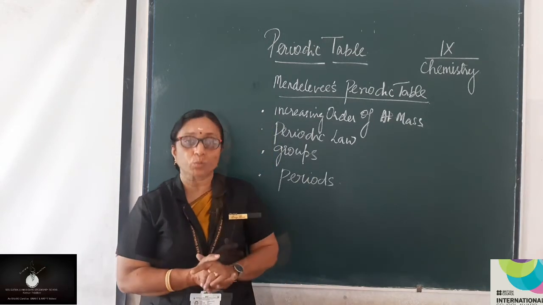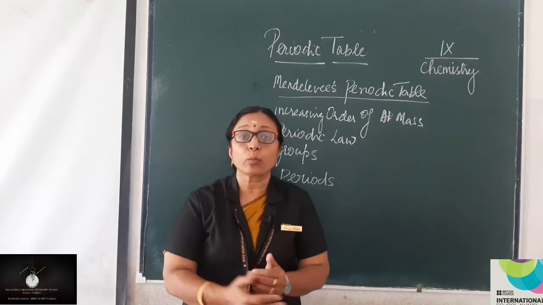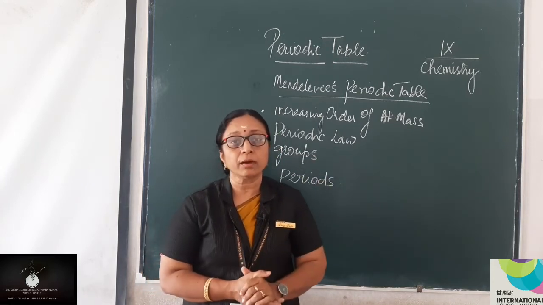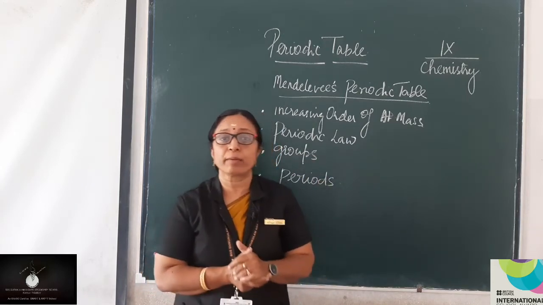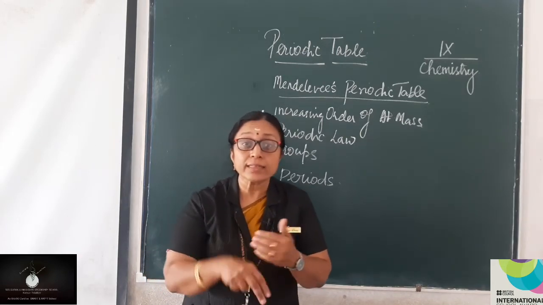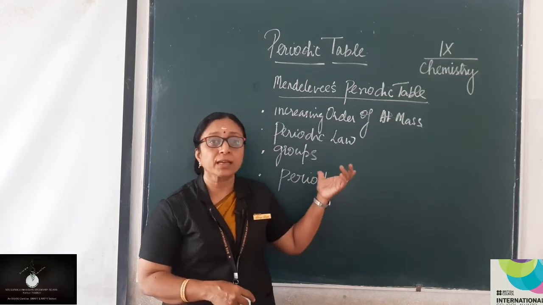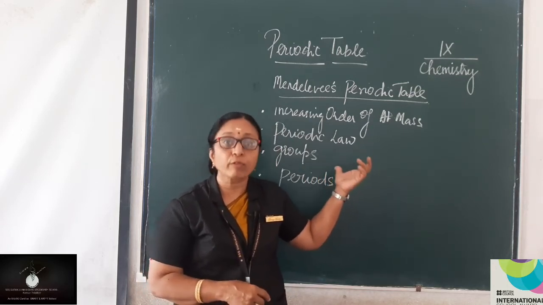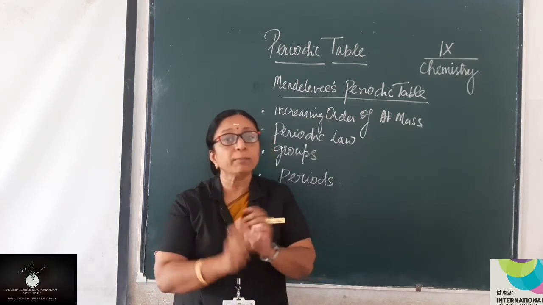The second merit was, earlier when Mendeleev was arranging elements in the periodic table, the atomic mass of beryllium was 14. Later on, when he placed the element in the place of 14, he saw there was some mistake.